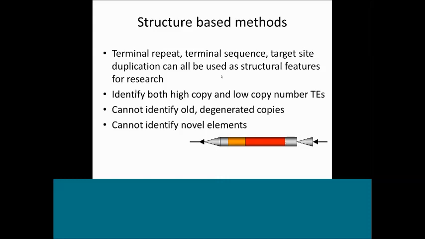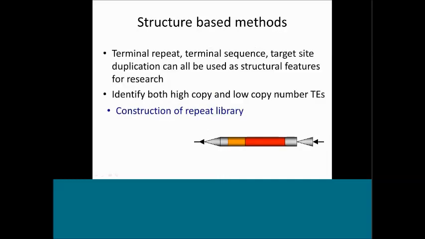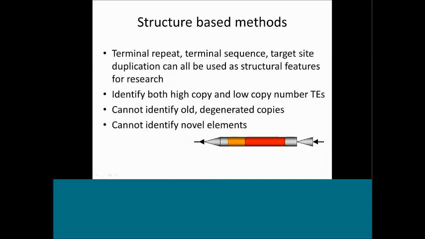So this method can identify both high copy number elements and low copy number elements because it does not rely on the copy number. But when an element becomes old or degenerated, the structural features do not remain intact, and then the element cannot be detected.